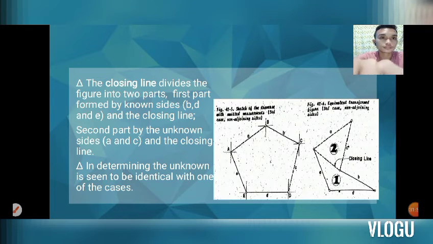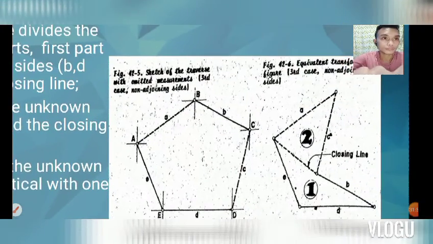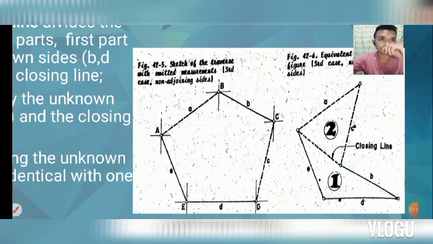So here, I just want to show all of you the problem: traverse with omitted measurements, third case, non-adjoining sides.